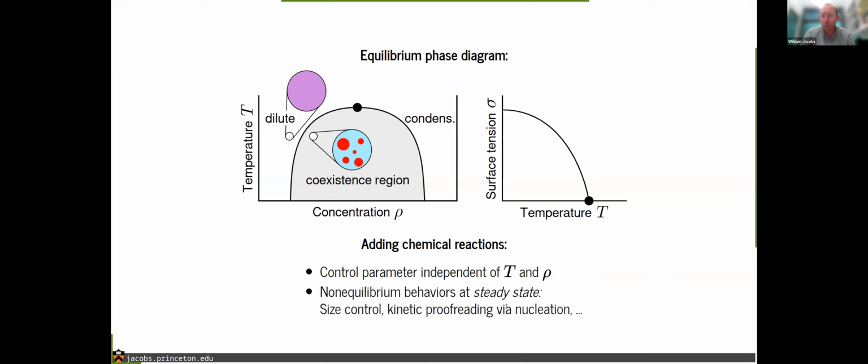But more than that, you can also get truly non-equilibrium behaviors that don't have an equilibrium counterpart. For example, it's been proposed that you can have a size control of droplets at a non-equilibrium steady state. In the case of the T cell LAT cluster formation, it's been proposed that these clusters act as a form of kinetic proofreading via nucleation. And so there's some very interesting things that can come out of coupling chemical reactions to phase separation.